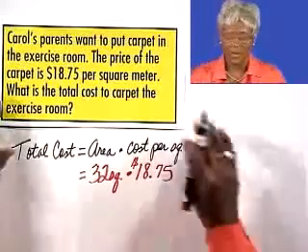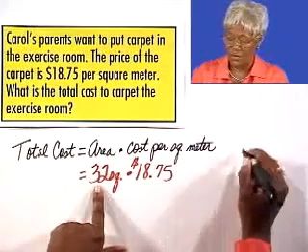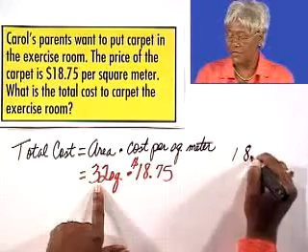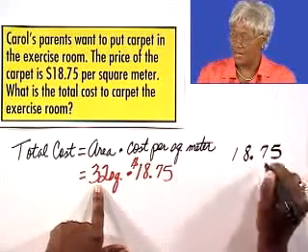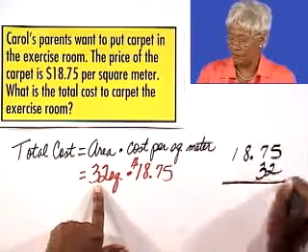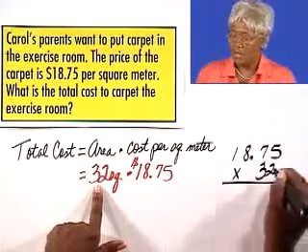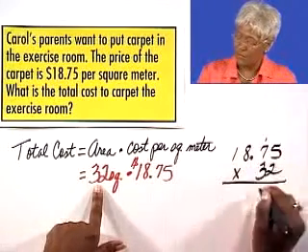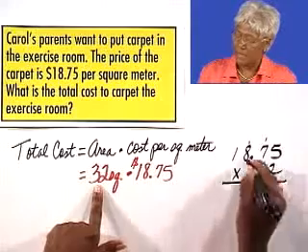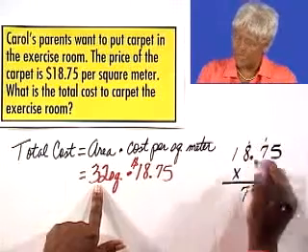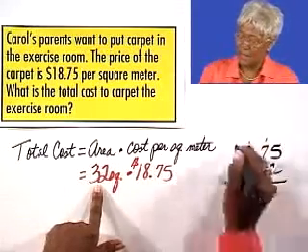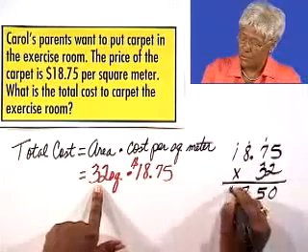Well, I'm going to multiply, because it says multiplication. $18.75 times 32. 2 times 5 is 10, 14, 15, 16, 17. 2 times 8 is 16, and 1 more is 17. And 2 times 1 is 2, and 1 is 3.